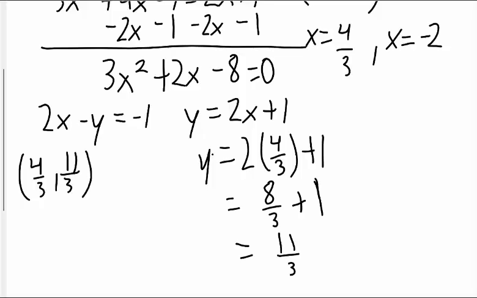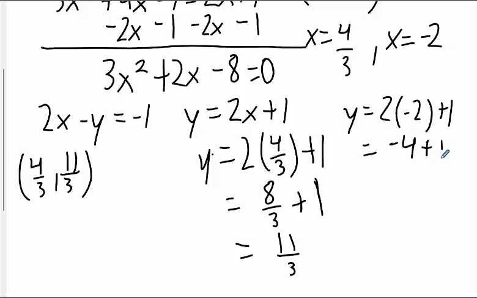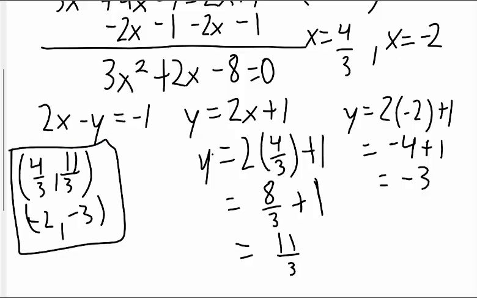Our second answer, plug in negative 2. So y equals 2 times negative 2 plus 1, which is negative 4 plus 1, which is negative 3. So our second answer is (negative 2, negative 3). And those are our answers for this set of equations. Pretty simple.